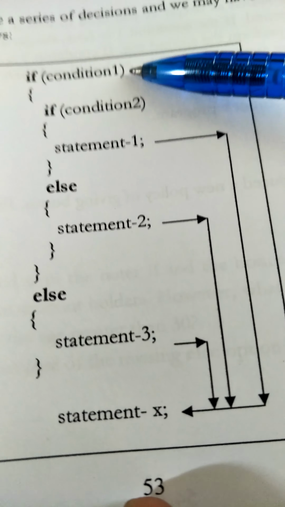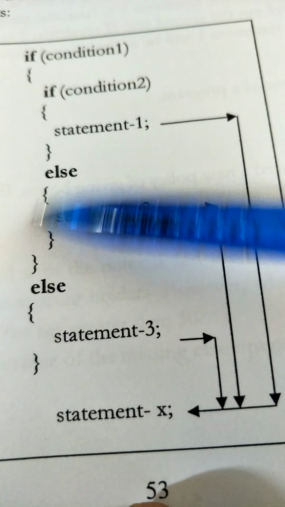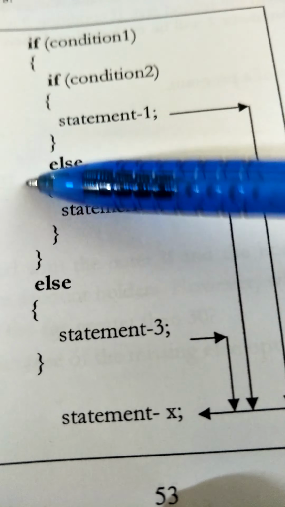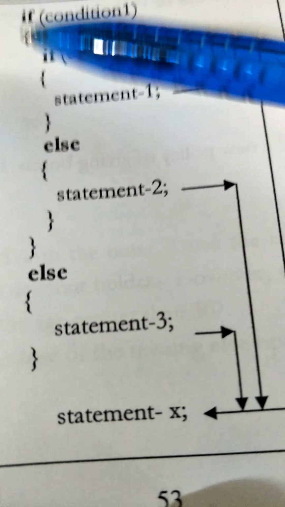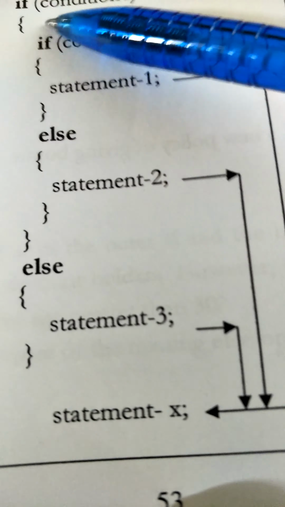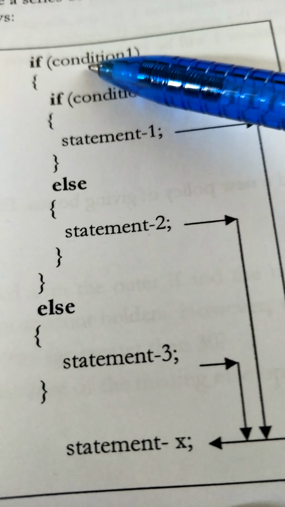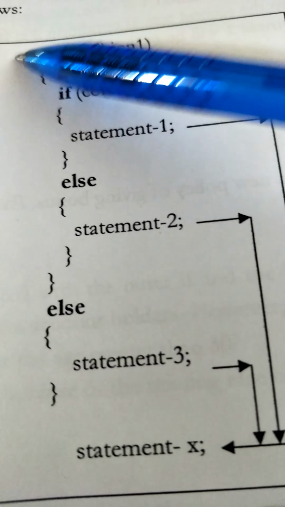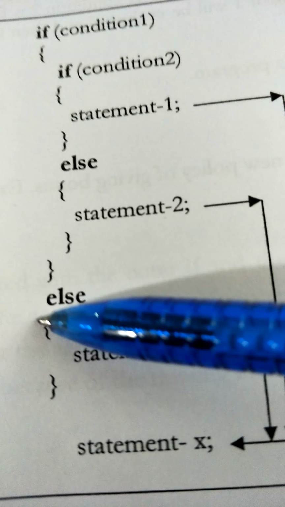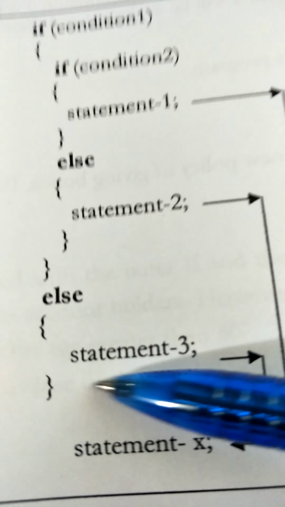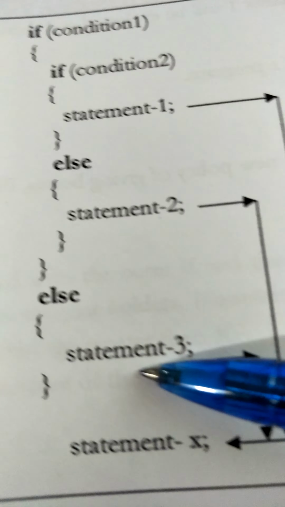So you can see here, that's if the condition 1, and this is the braces for the outer if, and then this else is for that outer if. Which means if the condition 1 is not true, the execution will go direct to the else for that if. Okay, so we will do the statement 3.